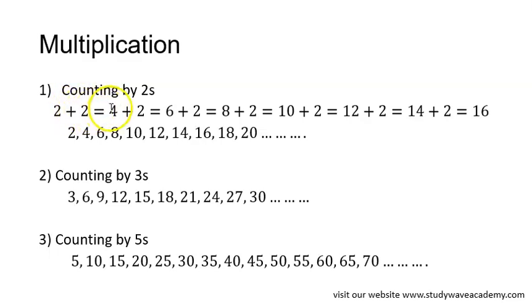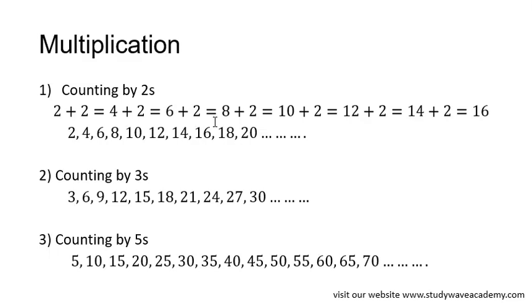You have 2 plus 2 will give you 4, you add 2. 4 plus 2 will give you 6, you add 2 again. 6 plus 2 will give you 8, you add 2 again. 8 plus 2 will give you 10, you add 2. 10 plus 2 will give you 12, you add 2. 12 plus 2 will give you 14, you add 2. 14 plus 2 will give you 16. Skip counting, that is 2, 4, 6, 8, 10, 12, 14, 16, 18, 20, and it goes on.